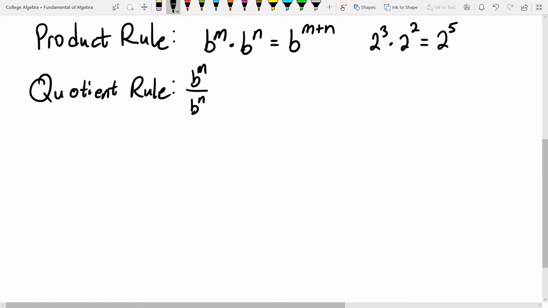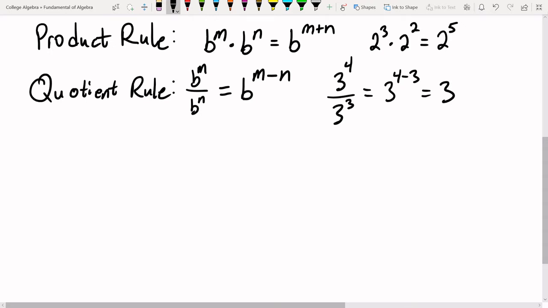Here we are dividing like bases. So what do you think it's going to do to the powers? It's going to take the first minus the second. So let's look at 3 to the 4th over 3 to the 3rd. This equals 3 to the 4 minus 3, which is 3 to the 1. Or in other words, 3.